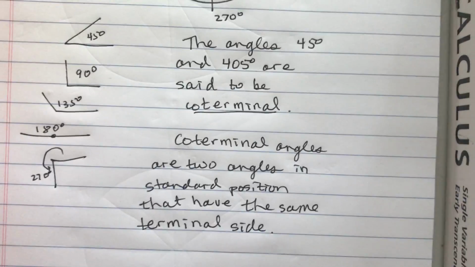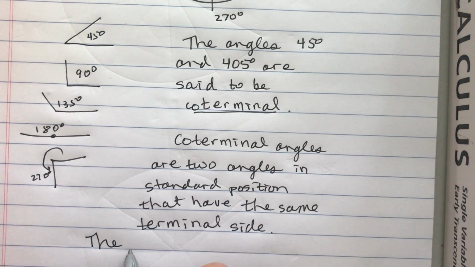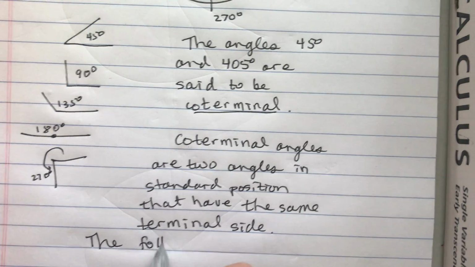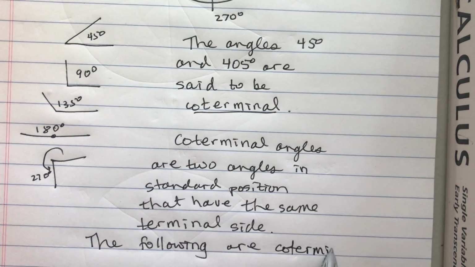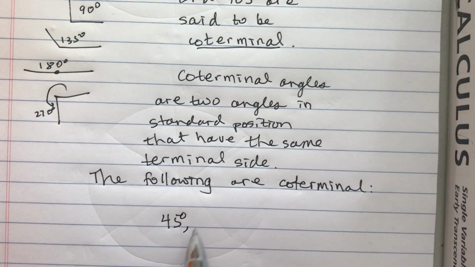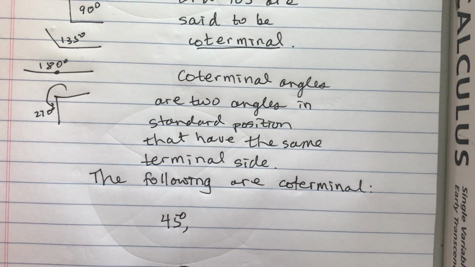Okay, so let me do an example here where I'm going to list a bunch of coterminal angles. I'm going to put 45 degrees here. Now I'll draw the same picture again.